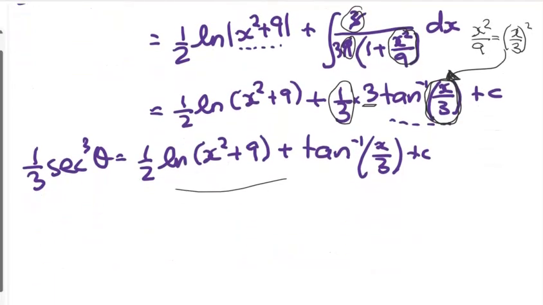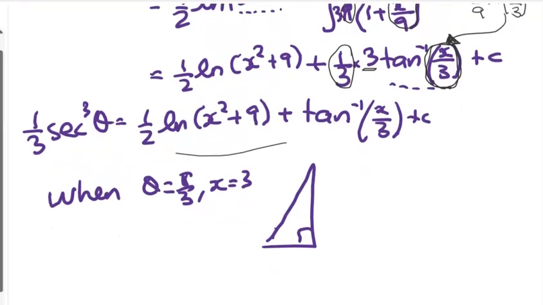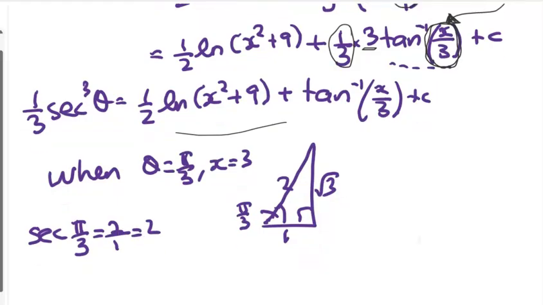We were told, let me just turn the page, when theta is pi on 3, x is equal to 3. So let's just draw our special triangle. 1, root 3, 2. Here's pi on 3. So sec of pi on 3 is the hypotenuse over the adjacent, so it's going to be 2 over 1, which is just 2.